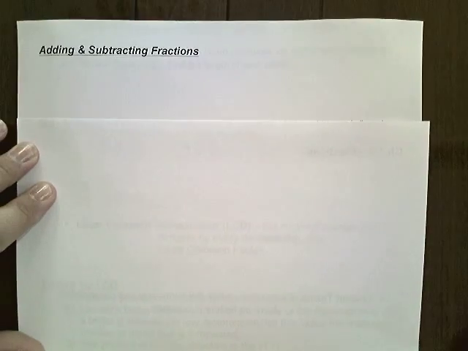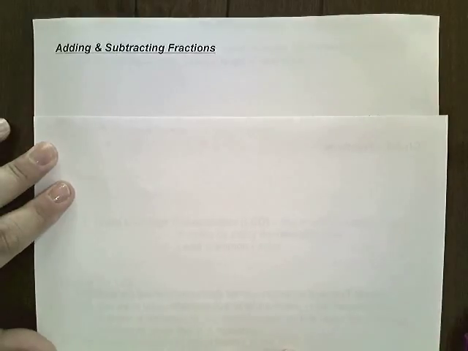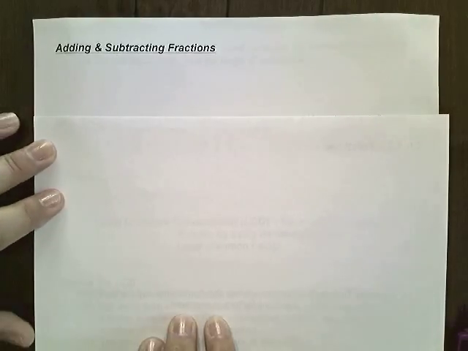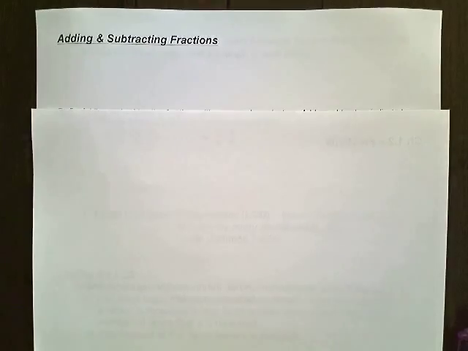Okay, next after multiplying and dividing fractions, we want to know how to add and subtract fractions. Now, when we multiply fractions, we multiply straight across, numerator times numerator, denominator times denominator. When we're dividing, we change it into a multiplication problem, then multiply straight across.